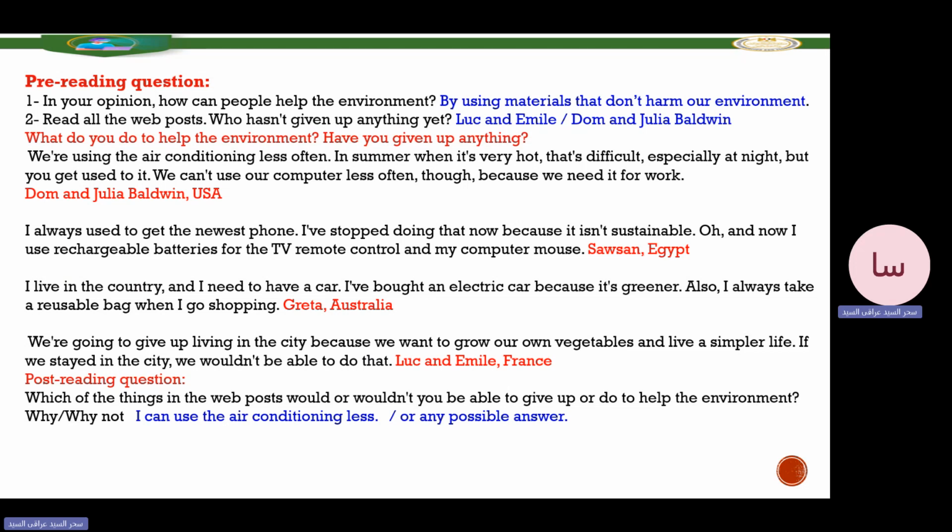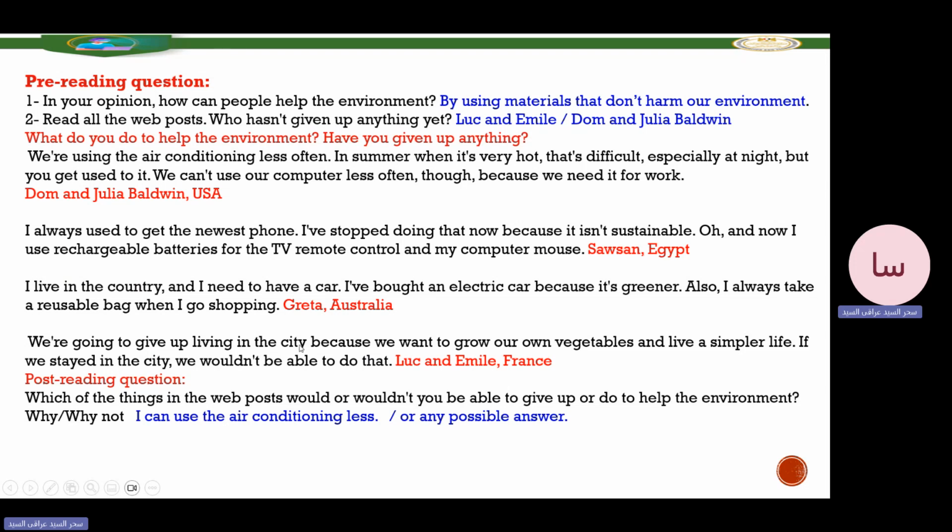After reading the posts, who hasn't given up anything yet? Luke and Emily, and Dom and Julia Bowden. Luke and Emily, here, they give up living in the city.